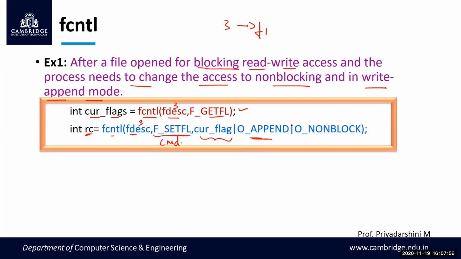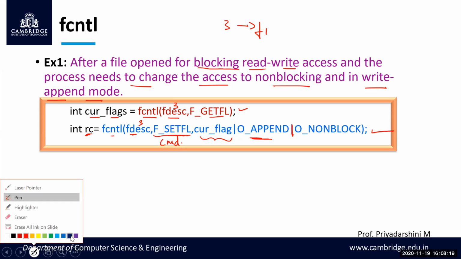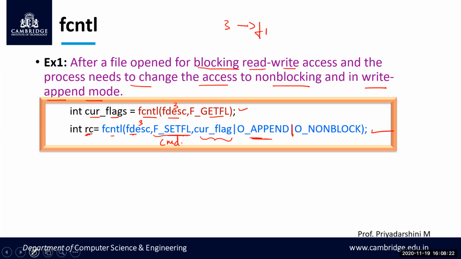And I'm doing a bitwise OR operation with O_NONBLOCK. I'm saying don't block, because by default it will be in a blocking state. So now you will add a bit saying don't block, allow it to write. While it is writing, it should be in the appending mode. So I have set it. So this part is your third argument.